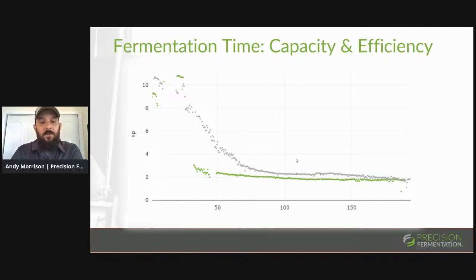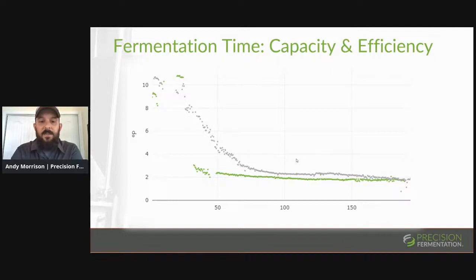And what you're looking at there is that by increasing the pitch rate and doubling up the pitch on that initial knockout on the first day, they were able to really increase the speed, the rate at which that fermentation happened, and drop the overall time it took to reach a terminal gravity of just under 2 degrees Plato.